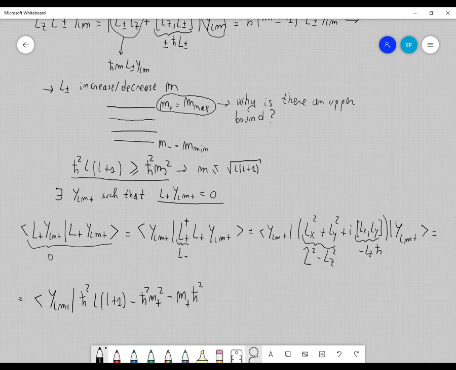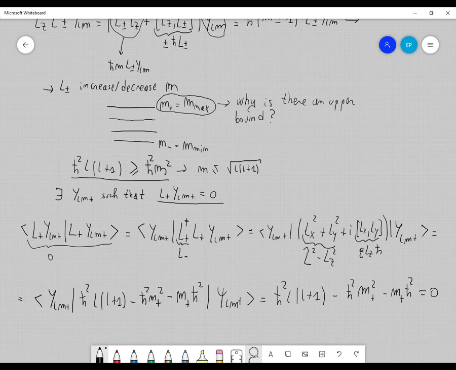In this case the commutator is equal to i Lz h bar, so when I multiply by i I will get a minus. So I have minus M plus h bar squared. And of course, if these states are unit norm, so their norm is equal to 1, I will just get h bar squared L times L plus 1 minus h bar squared M plus squared minus M plus h bar squared. This should be equal to 0.